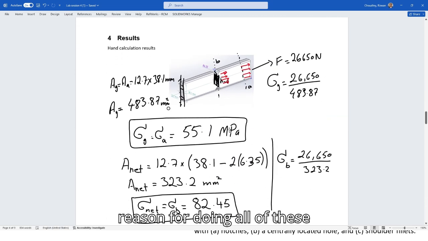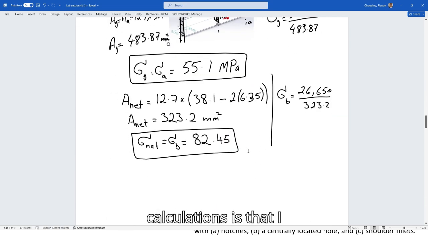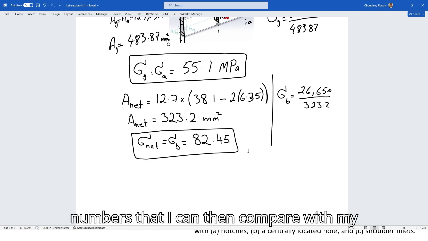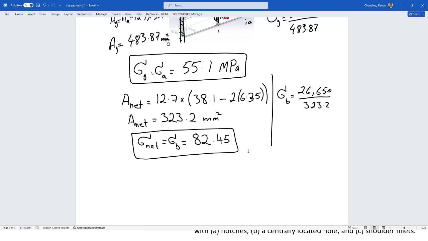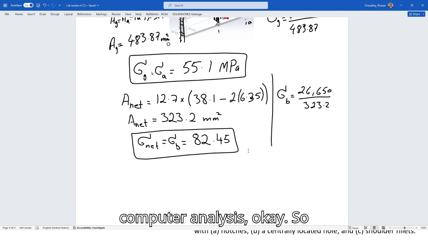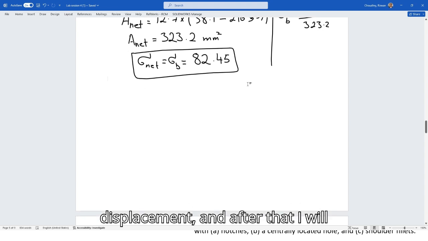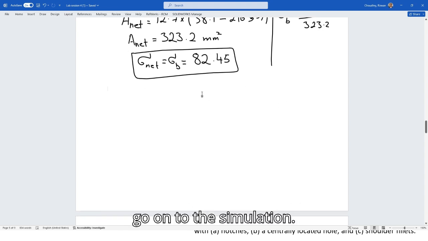The reason for doing all of these calculations is that I am trying to get some numbers that I can then compare with my computer analysis. Okay, so let's now quickly also calculate the total displacement, and after that I will go on to the simulation.